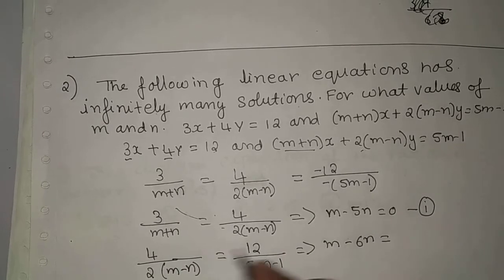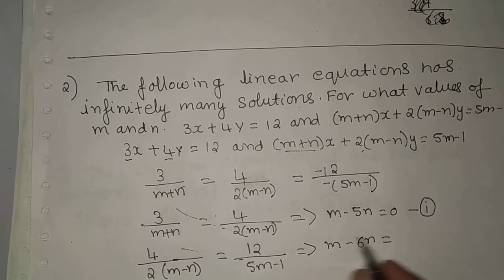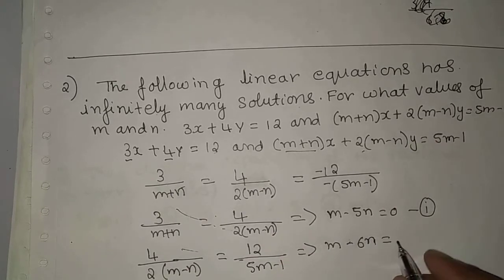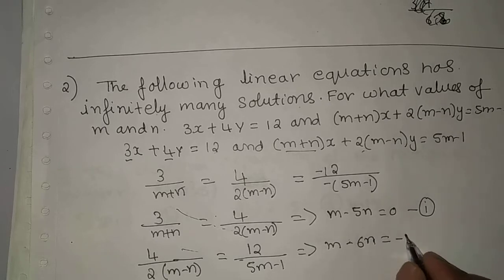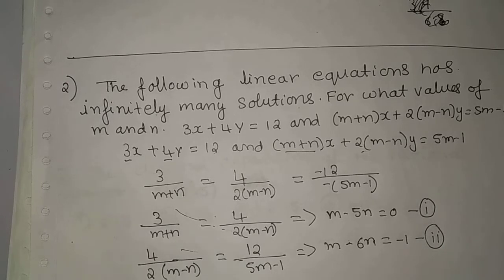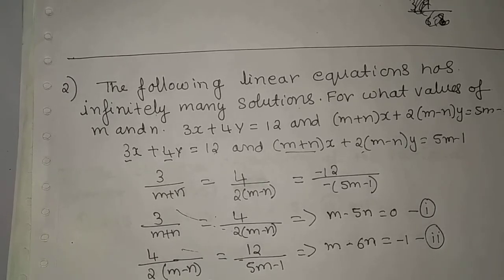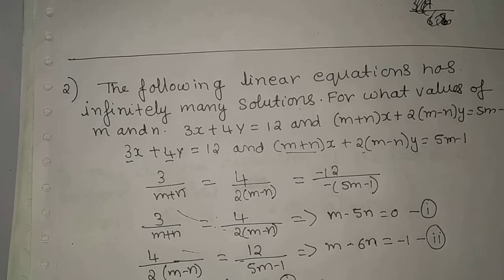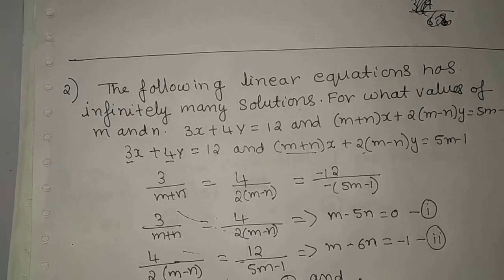Simplify this, cross multiply both and simplify. So after this we'll get one more equation, m minus 6n is equal to minus 1, as the second equation. So solving 1 and 2.